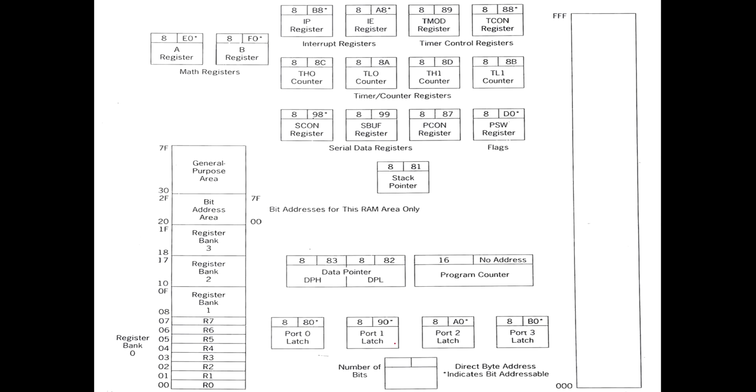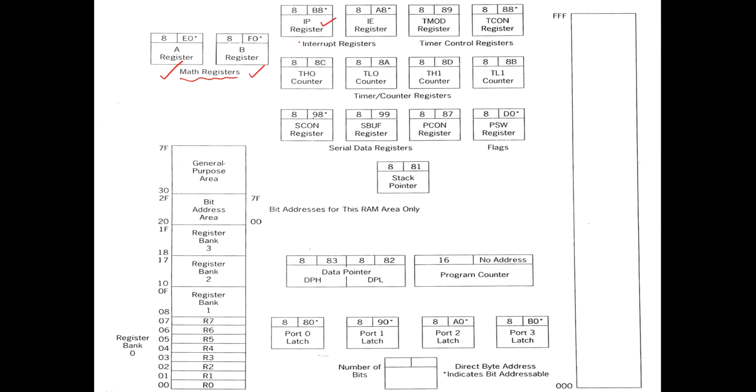If we remember all these things, programming is very easy. We have the accumulator and the B register, which we call math registers, as they work with multiplication and division.